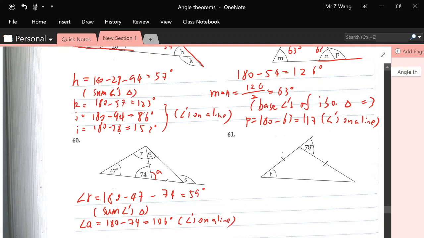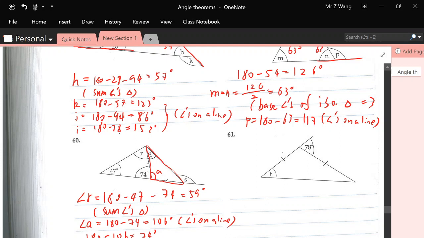Now, when this is 106, the two base angles are easily figured out by focusing on the triangle. So 180 minus 106 is 74 degrees. And then that 74 degrees is shared between the two angles. So Q equals 74 over 2, which is 37 degrees.